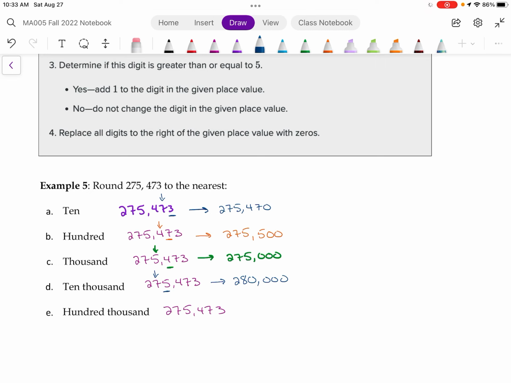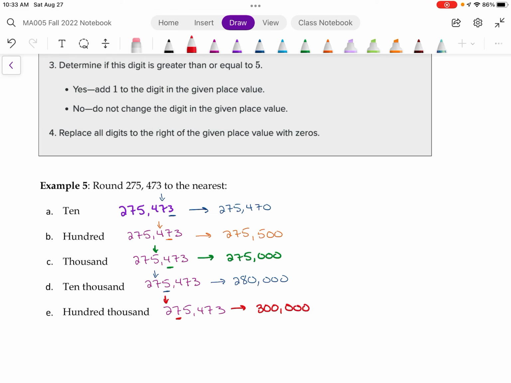And it's closer to 280,000. All right. The next one is to the 100,000. So let's point at the 100,000 and we'll say, what is the next digit? It's a 7, so it's going to be closer to 300,000. So in other words, is it closer to 200,000 or 300,000? Because that's the place value they're asking us to round to, and it is closer to 300,000.